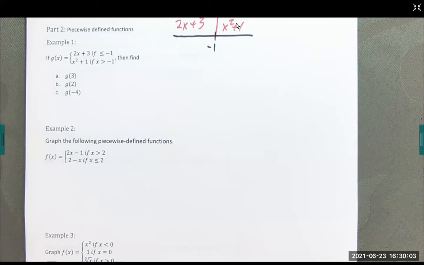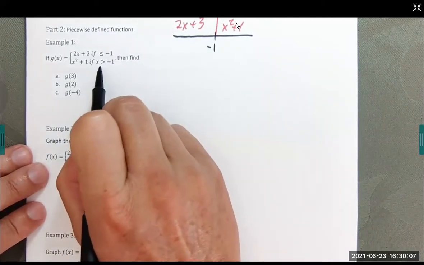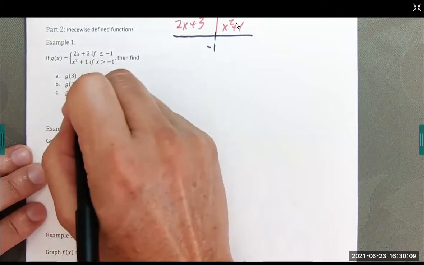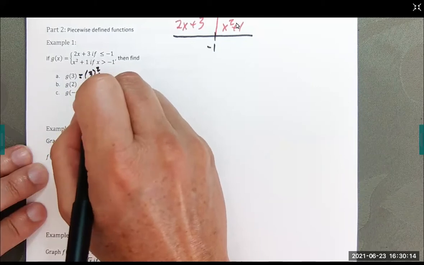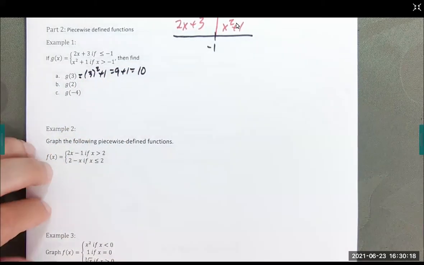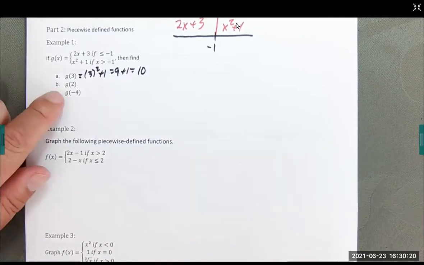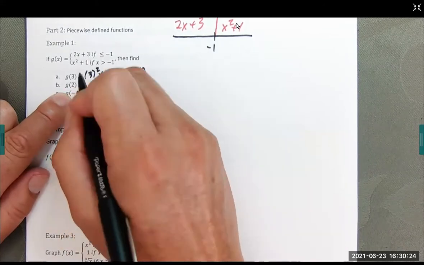All right, g of 3. Well, 3 is bigger than -1. So that means I'm here. So g of 3 is 10. G of 2 is still bigger than -1. So it's still this x squared function.